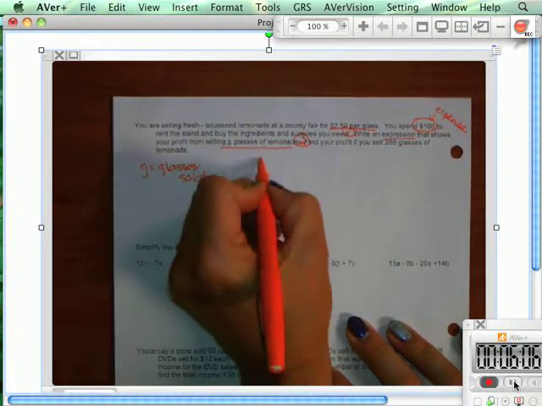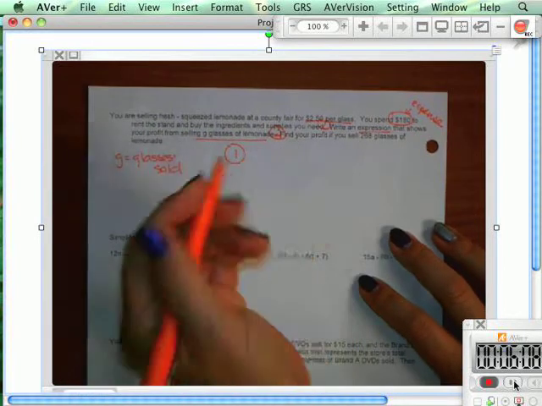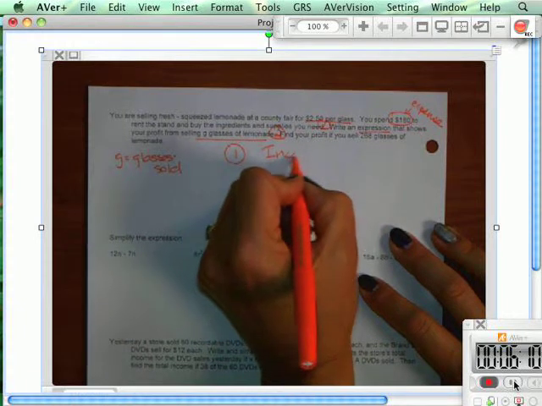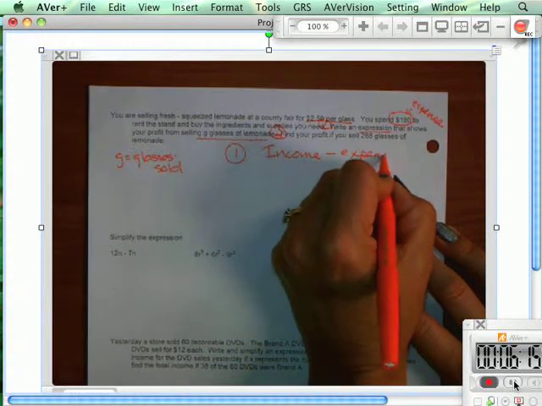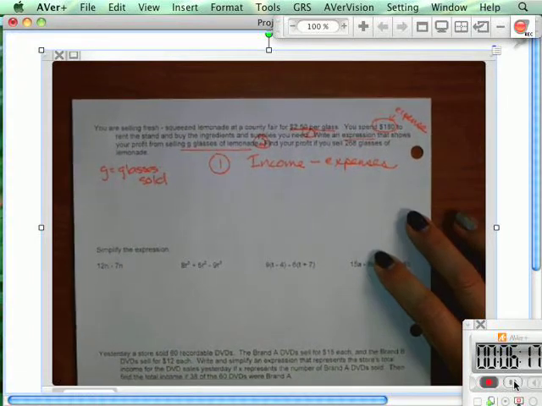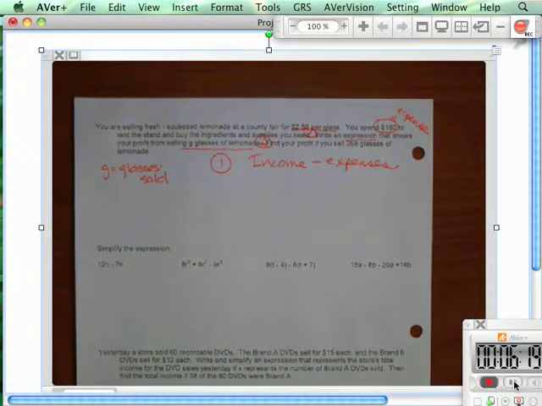So for number one, I got to write an expression, which would be probably the income I'm going to make minus my expenses. Okay, how do I make money in this situation? Well, we're not there yet. But just to write the expression, what's our income?